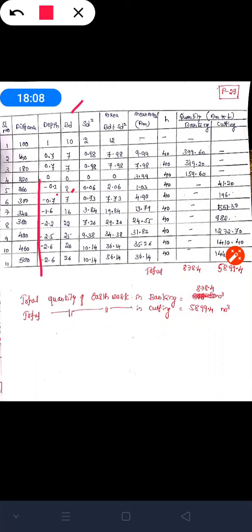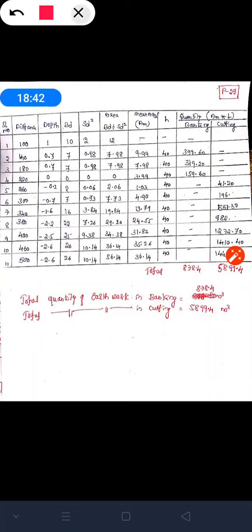Then s d squared, but here for cutting, so we have side slope s equals 1.5. So 1.5 into 0.2 squared, I got s d squared equals 0.06. Then after adding 2 and 0.06, I got 2.06. Then I took the average of these two, then I got 1.03. For this, I multiplied by 40, then I put the value in the cutting column.